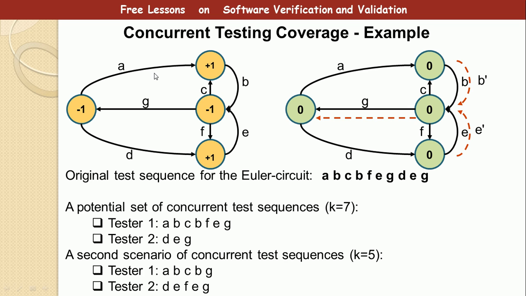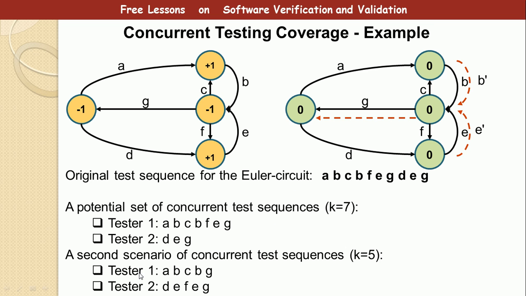You have A, B, C, then coming back to B, F, E, G. That is K equal to 7 transitions, but now this D is not covered. It means that the second tester will now cover D, E, G. So it starts from here, D, E, G. With these 2 testers, the transitions are completely covered.